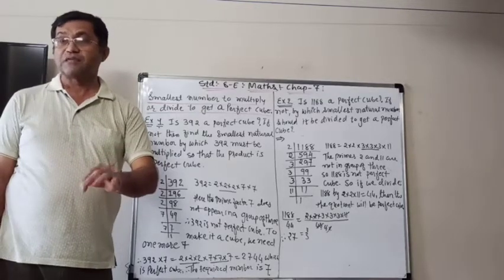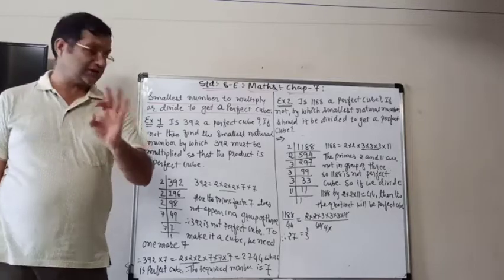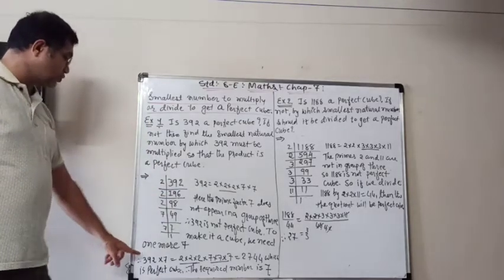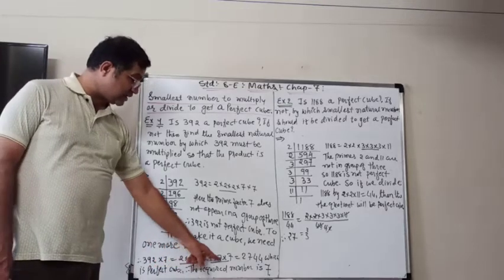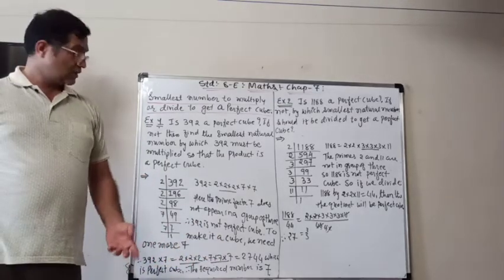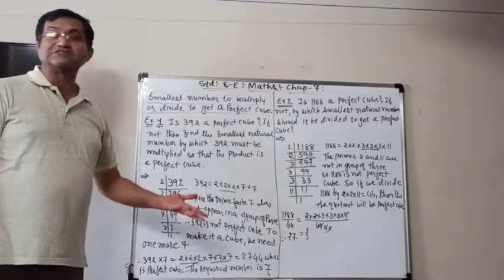It means that we have to multiply this 392 by 7. Look here, 392 multiplied by 7, so 2 into 2 into 2 into 7 into 7 into 7. The answer is 2744, which is a perfect cube.